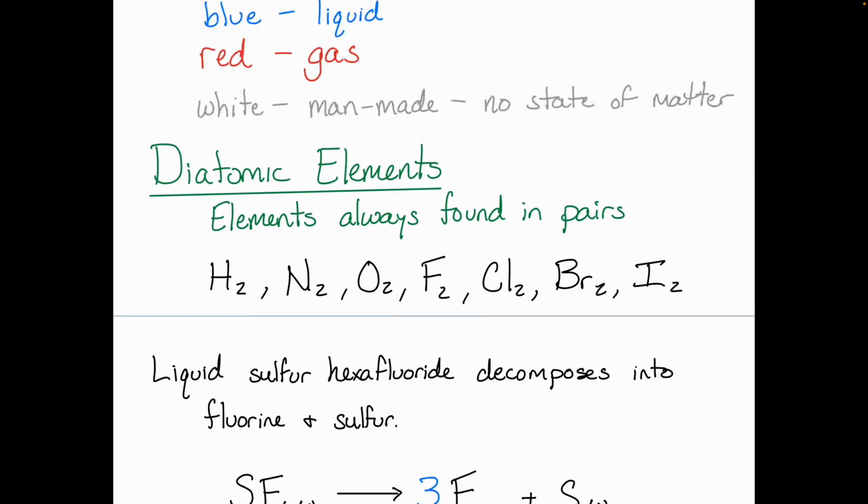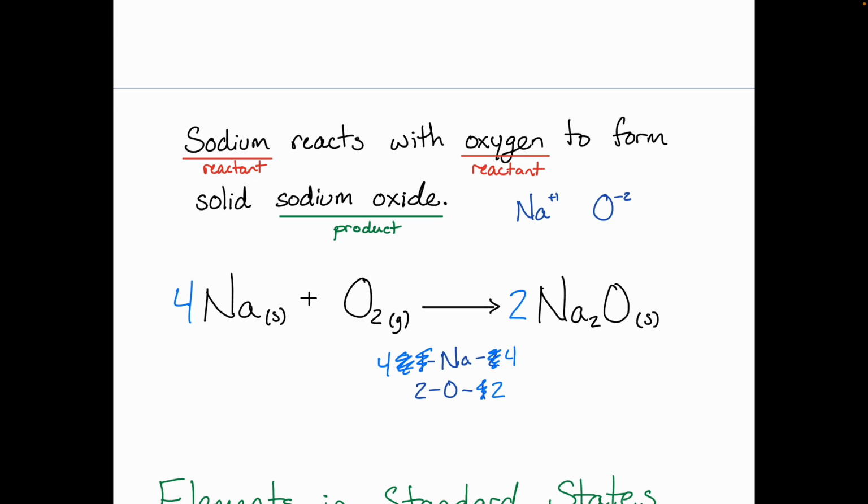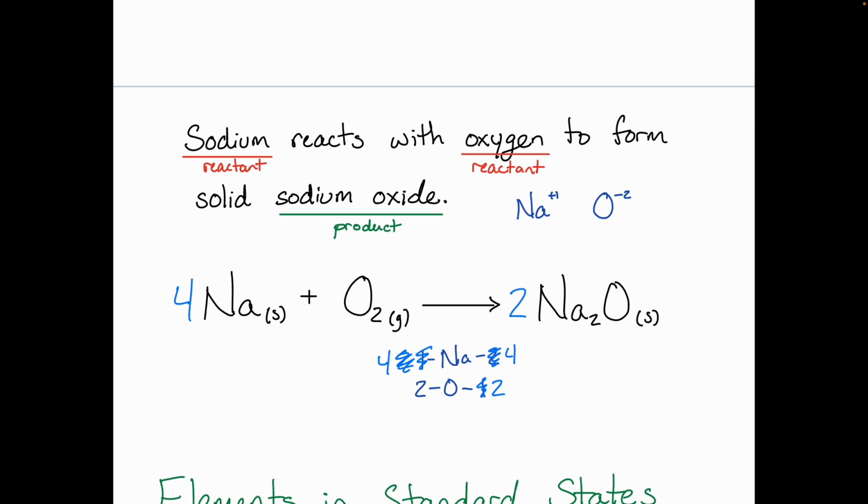All right. And what about the one with the sodium oxide? This would be a synthesis reaction. We have multiple reactants, our sodium and our oxygen, and they're coming together to form that one product, that sodium oxide. So this would be an example of a synthesis reaction.